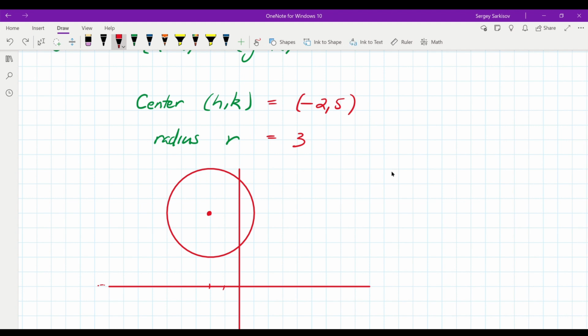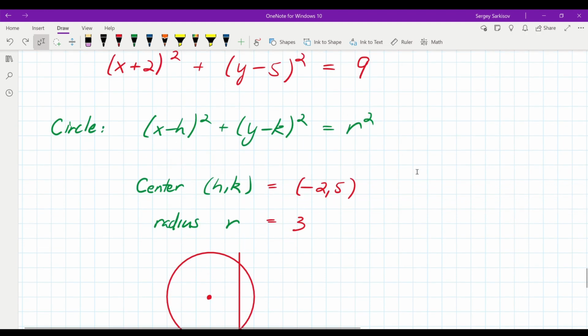That's what graphing is about. If you have some relation between x and y, every possibility, if you graph it, you get that shape. That circle is every possibility you can get. It has to do with the distance formula. Basically, we're saying the distance from the center to any point on the circle is equal to 3, the radius.